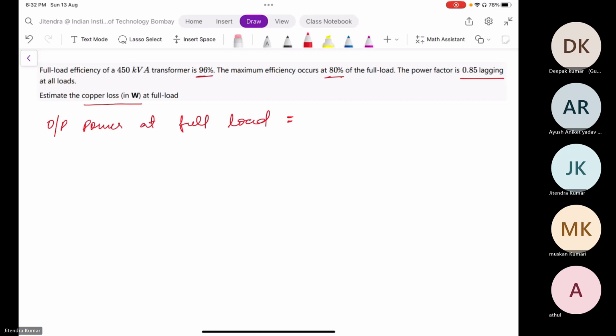Yes, sir. V2 into I2 into cos phi 2. But here neither V2 is there nor I2 is there. Sir, 450 multiplied by 0.85. Yeah, correct. So it should be the output power at the rated load. And please tell me the value of this calculation also.